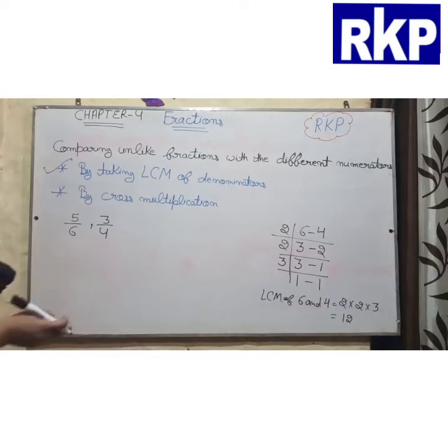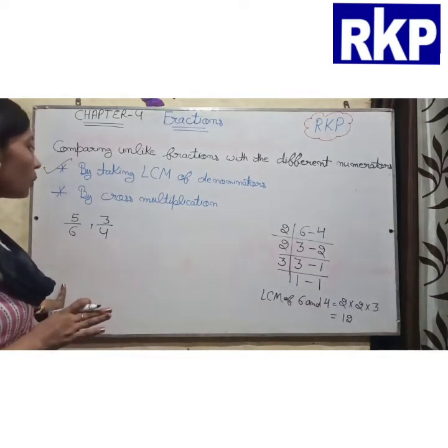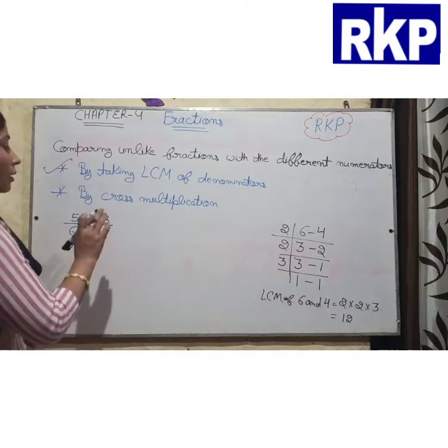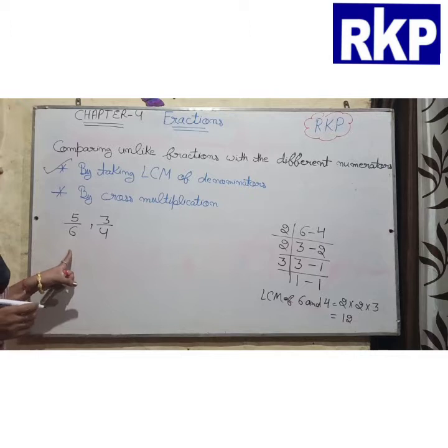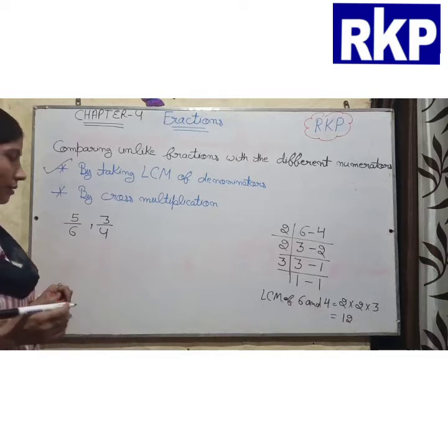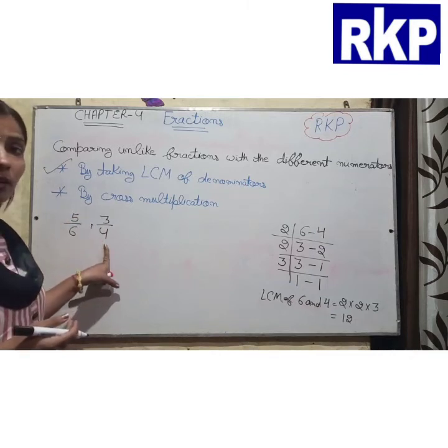Now what will we do? After finding the LCM of the denominators, we have to convert these fractions into like fractions. But how can we convert these fractions into equivalent fractions?